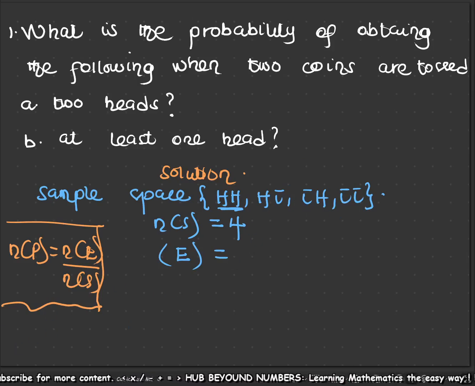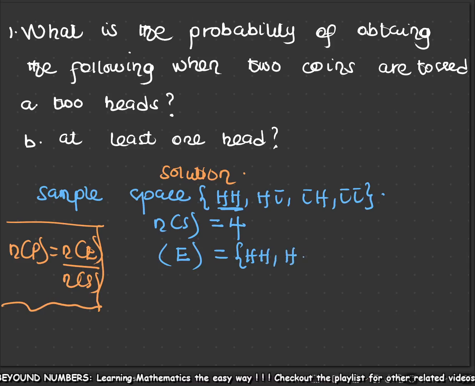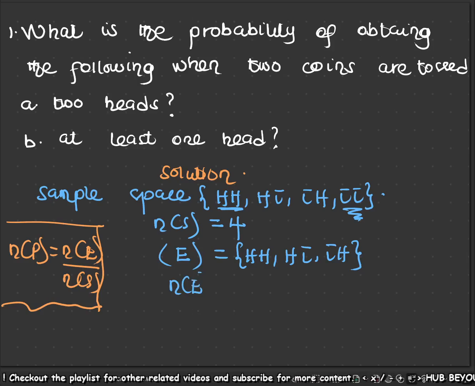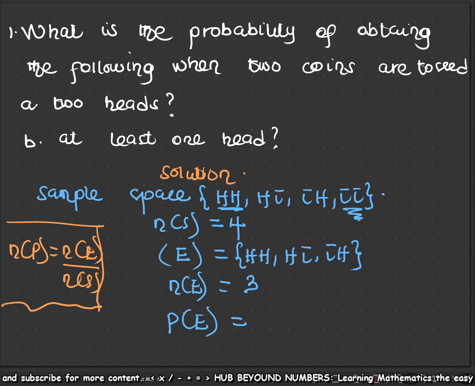So that simply means the event we are talking about, this one satisfies. That is a head and a head. This also satisfies, that is a head and a tail. This also satisfies, a tail and then a head. This here is the only one that does not satisfy. And that means the number of elements we have in this event is 1, 2, 3. So that is 3. Right? Now the probability of this event from our formula says the number of events.